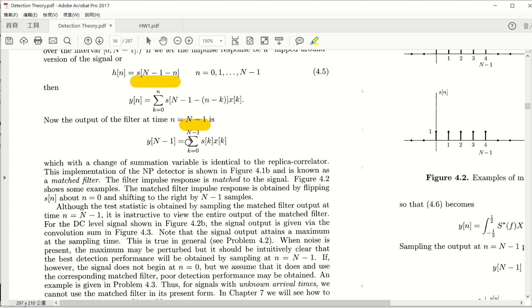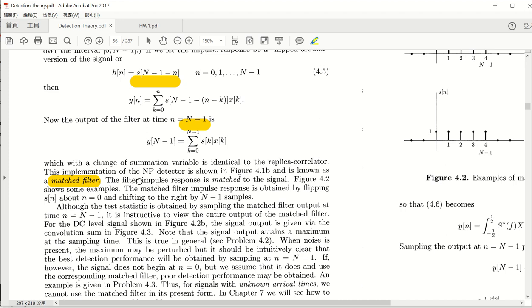That is exactly the test statistic that we like to have. Right? So with the change of the summation variable, and so on and so forth. So this implementation of the NP detector is shown in figure 1b. So we just describe it. It's known as the match filter. You can think of the match filter as just a name of the filter, or you try to understand what we mean by match filter.